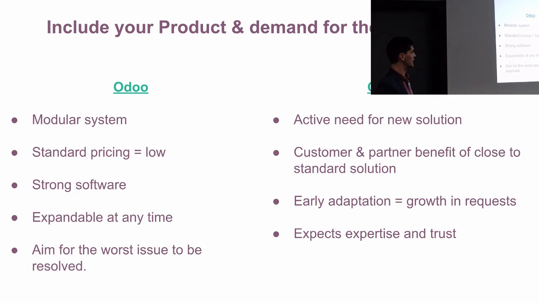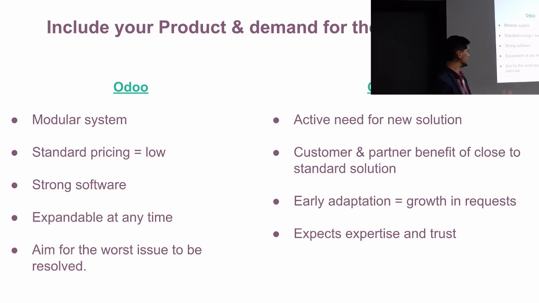The customer will benefit from a standard solution. The solution will be easier to maintain. Odoo has a new release every year. Not sure every software will do that, but a heavily customized solution will also mean that the migration time will take longer. The early adoption for the customer will mean that they can grow faster in using the software elsewhere in the company and integrate different business units.